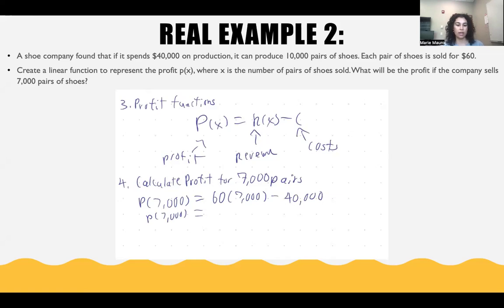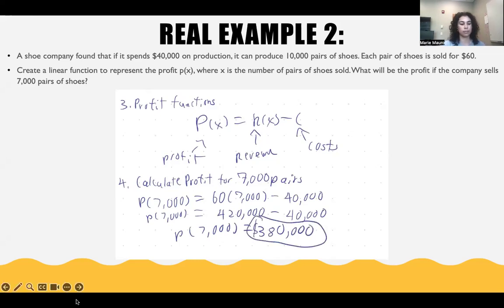So 6 times 7 equals 42. And all you're going to do now is just add in the zeros and then subtract from 40. And then we'll do that in the next step. So 420,000 minus 40,000, you're going to get $380,000. And do not forget to include the dollar sign in problems like this.